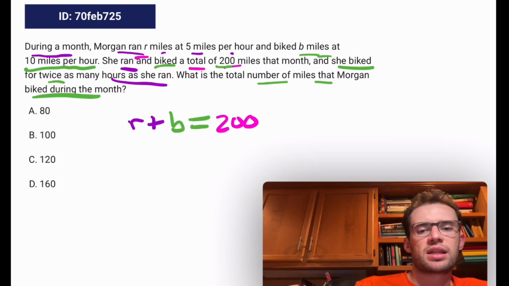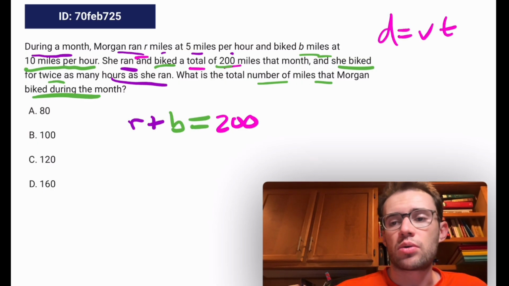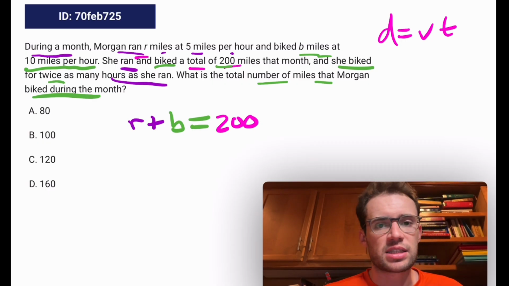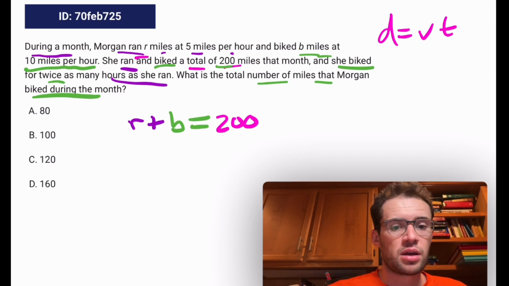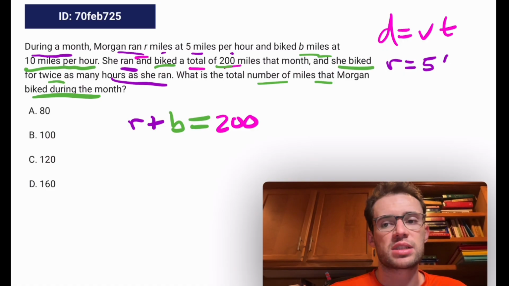So to find the amount of time that you biked, we know the distance is equal to velocity times time, or rate times time. So in this case, our distance is either the B or the R, and that's equal to the speed. So we can write that the distance run is equal to 5 times the time, let's say TR.